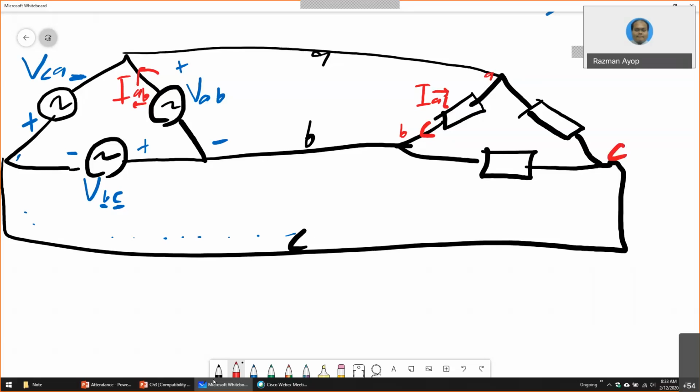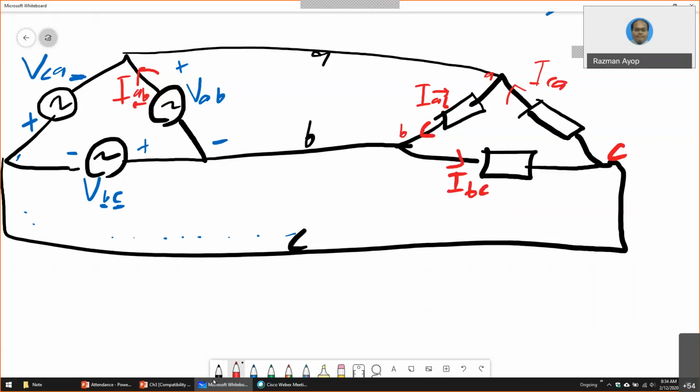So this one is C. IBC, positive sequence, and then ICA, from C to A, and this one is inverted.